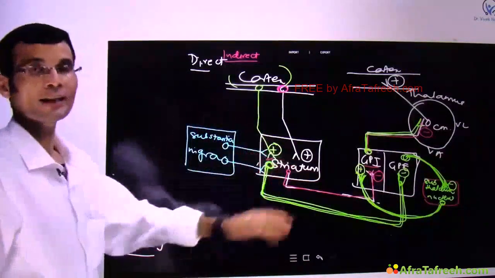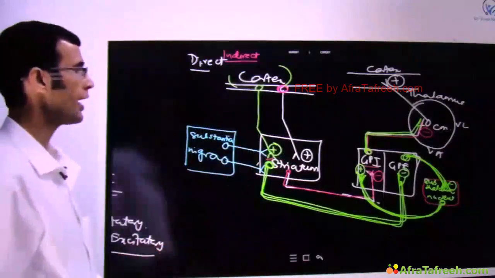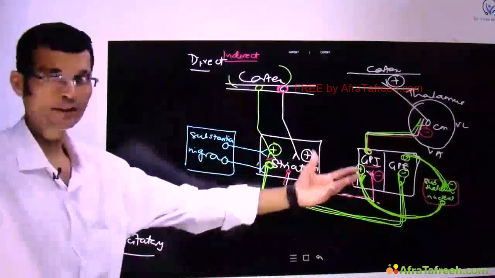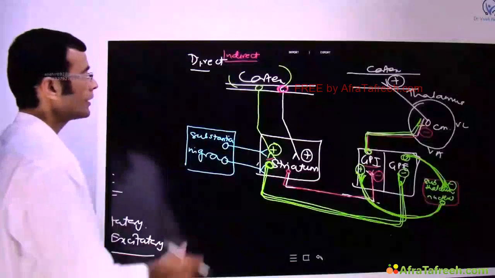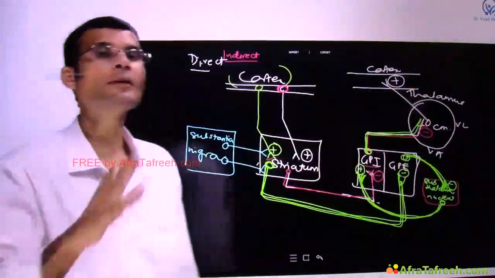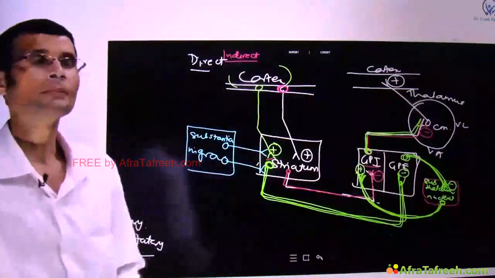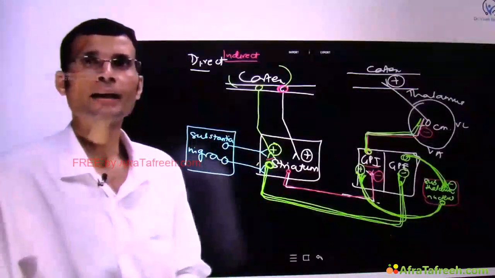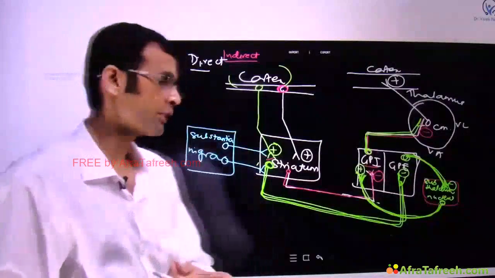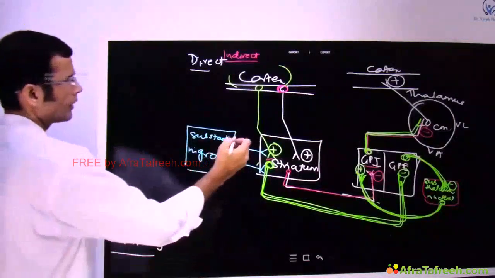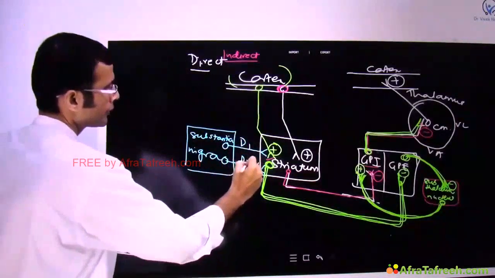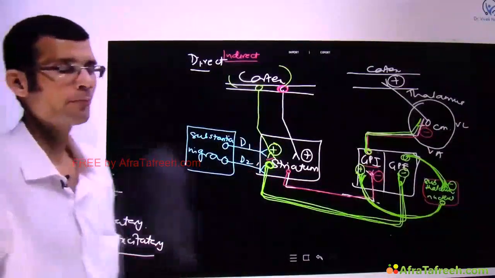Nigrostriatal projections are going to modulate the activity of striatal neurons involved in the direct and indirect circuit. These are dopaminergic projections, as you must have already read: D1 dopaminergic projection and D2 dopaminergic projection.